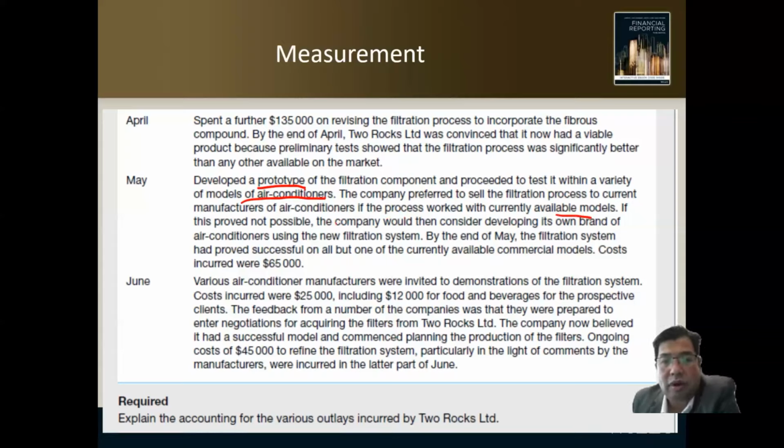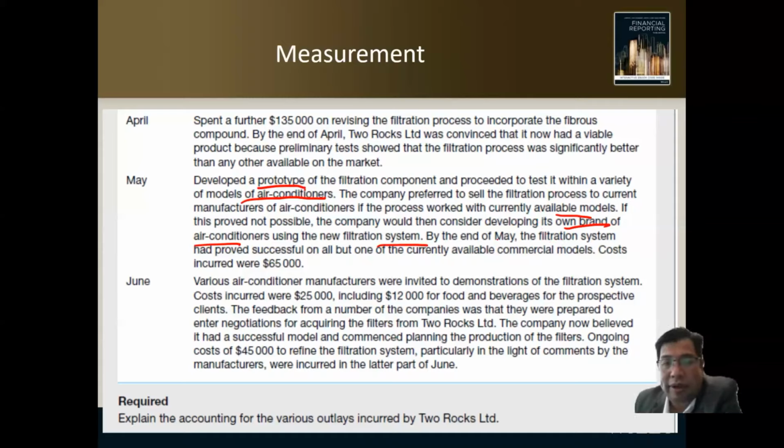If this proved not possible, the company would then consider developing its own brand of AC using the new filtration system. So they are trying to get a buyer for the product. They will sell the technology, the process, to various AC manufacturers or producers.